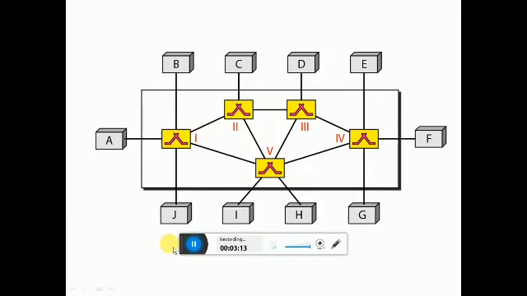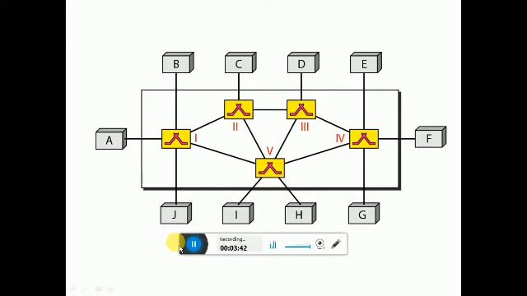The address here contains what the next switch should be and the channel on which the packet should be carried. As in a circuit switch network, all the packets follow the same path established during the connection.